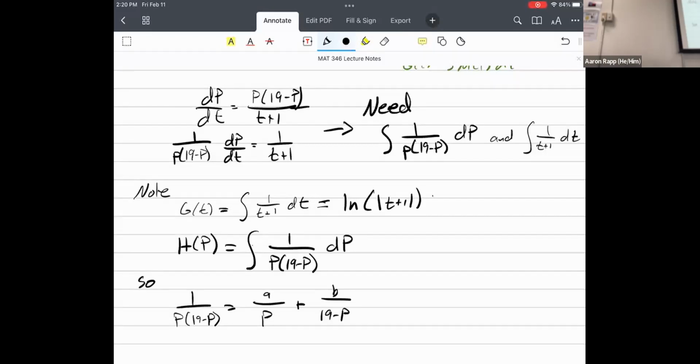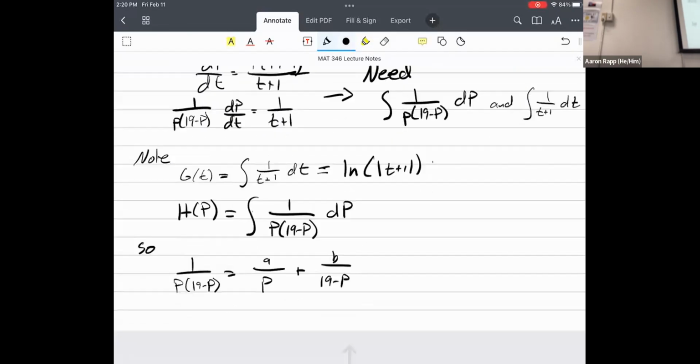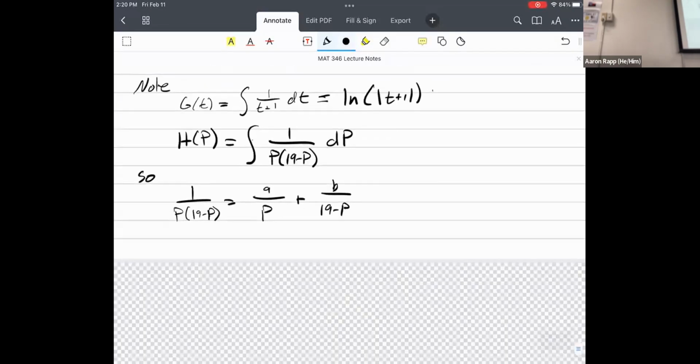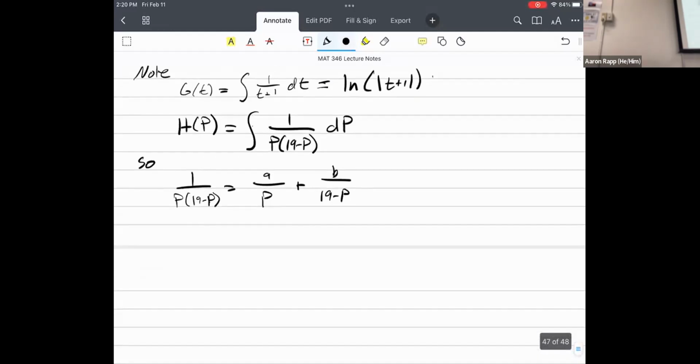All right, so I need to go about solving what A and B need to be. First step is to multiply by the common denominator. So I multiply everything by this P times 19 minus P. There we go. There's going to be a 1 is equal to A times 19 minus P plus B times P.